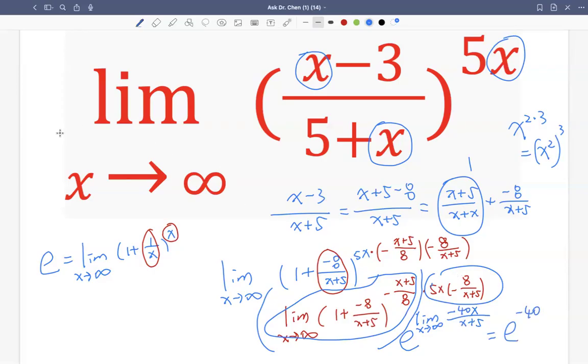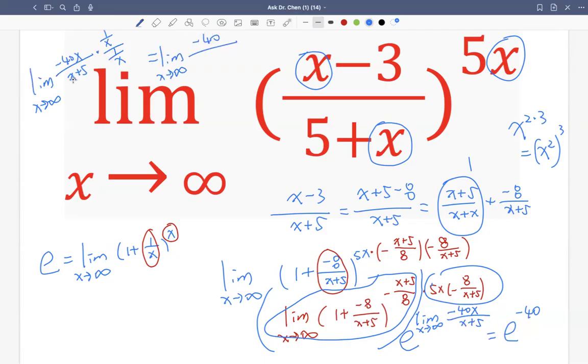Okay, let's explain here a little bit. Why is the limit as x approaches infinity of negative 40x divided by x plus 5 equal to negative 40? Basically, we multiply by 1 again, and this 1 is 1 over x divided by 1 over x. By doing so, in the numerator, negative 40x times 1 over x, we just get negative 40.